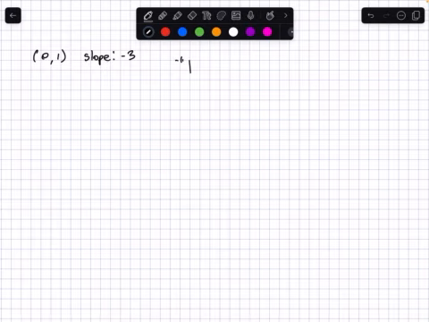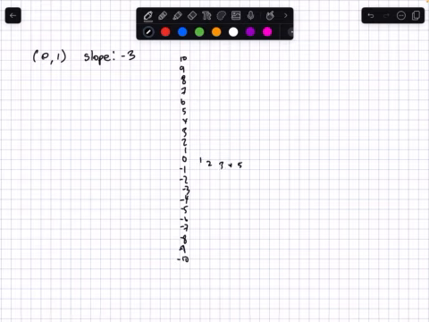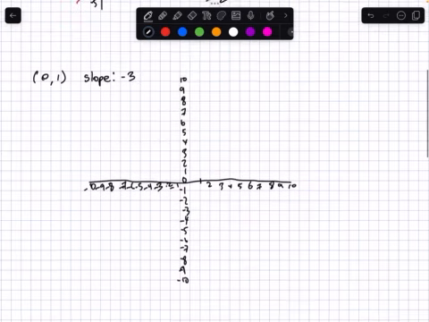I want to take a 10, 9, 8, 7, 6, 5, 4, 3, 2, 1, 0, -1, -2, -3, 4, 5, 6, 7, 8, 9, 10 on the x-axis, and 1 to 10 and -1 to -10 on the y-axis. All right, so we have our graph right here.